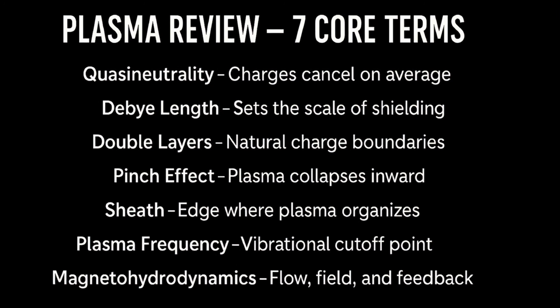Double layers show us how charge separation can form boundaries, accelerate particles, and even emit light. The pinch effect revealed how plasma collapses inward under its own magnetic fields, forming narrow, focused filaments. Then at any surface, we found the sheath, a sharp, self-organized interface that controls what comes in and what stays out.